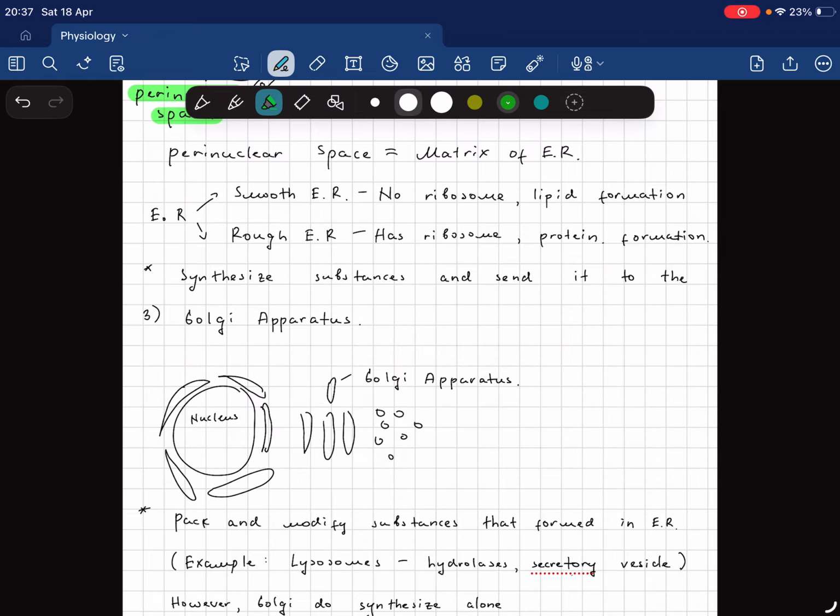Their functions are also different. For example, smooth endoplasmic reticulum is responsible for lipid production, and rough endoplasmic reticulum is responsible for protein formation.